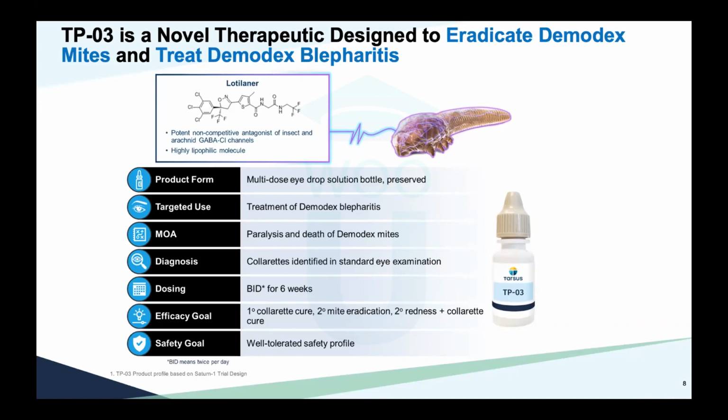And we know that the collarettes, as I showed you earlier, are indicative of Demodex. The dosing of this eye drop is 2 times a day for 6 weeks. So imagine that, again using that cataract surgery example, we can put a drop in twice a day, 6 weeks, prior to cataract surgery to improve outcomes. One example, so many different examples.